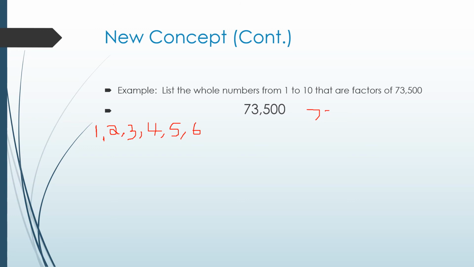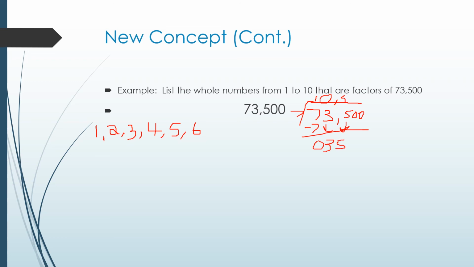So bear with my sloppy writing here, because we're actually going to do the division to make sure that 7 will work. That would be 1. That's a 0. It's a comma, by the way. Bring down my 5.